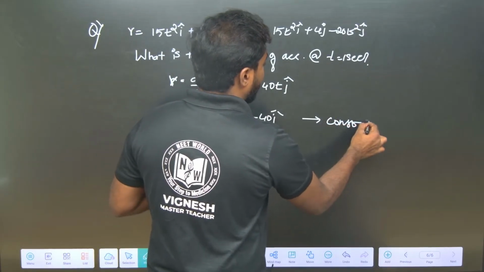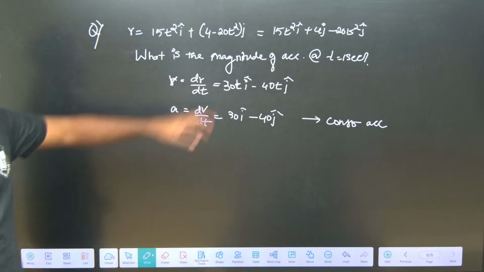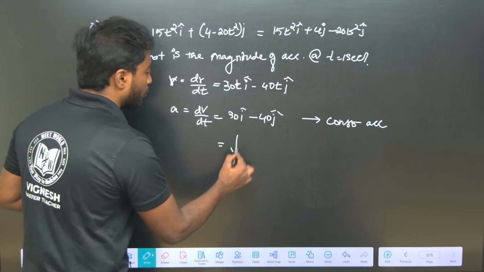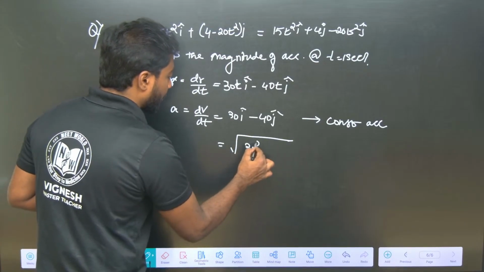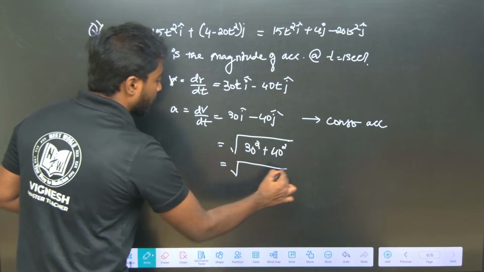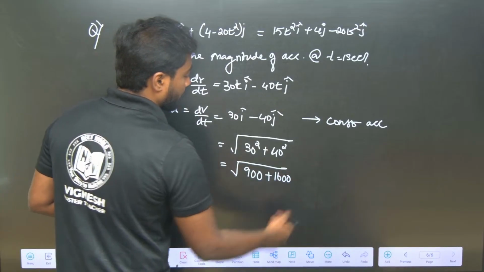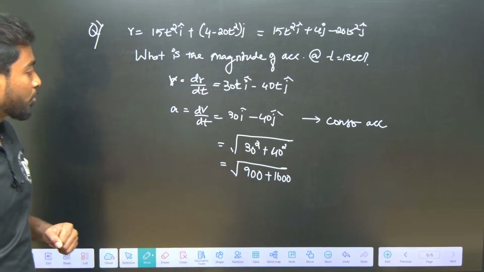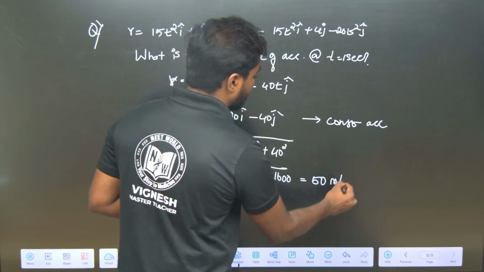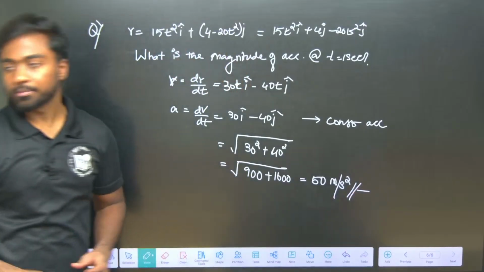I need the magnitude of acceleration, which is nothing but root over 30 square plus 40 square, which is root over 900 plus 1600, equal to 50 meter per second square. This is my answer for the given question.